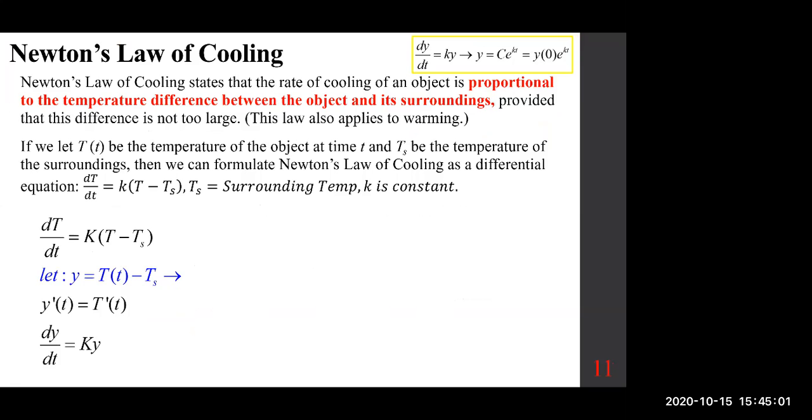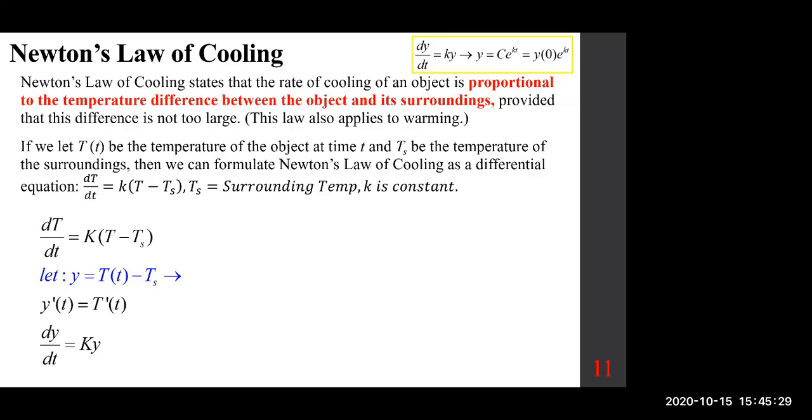Newton's law of cooling, okay? Let's quickly read that. This is interesting, class. First, we discussed dy/dt equals ky, y becomes ce to the power of kt. According to Newton's law of cooling, it states that the rate of cooling of an object is proportional to the temperature difference between the object and its surrounding, provided that this difference is not too large.